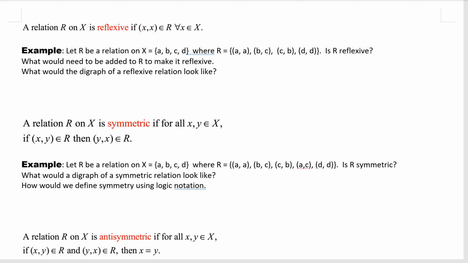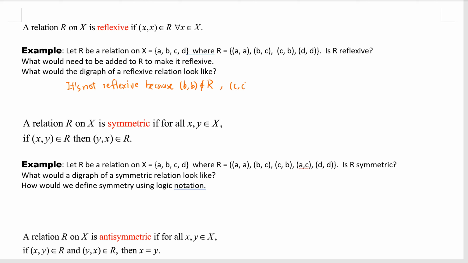Let's see. It contains AA. Let's look at element B. Does it contain BB? No, so it's not reflexive, because BB is not in R. Does it contain CC?